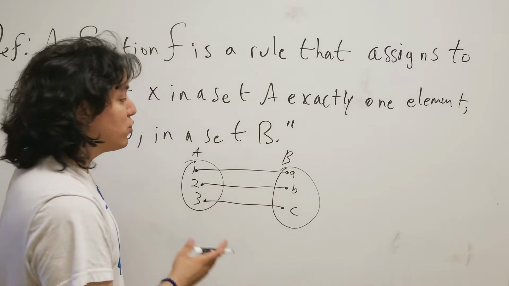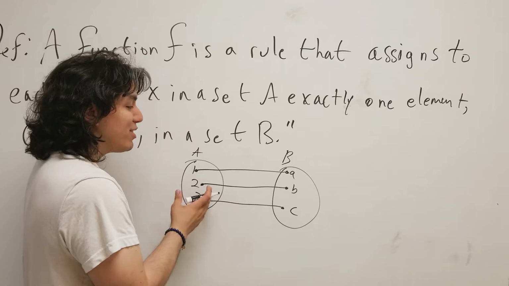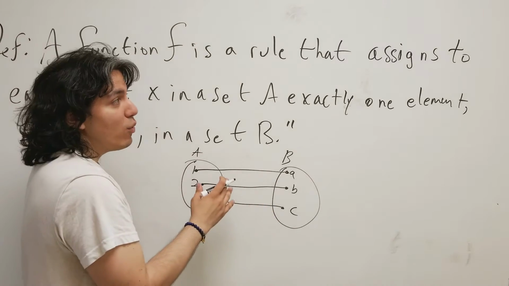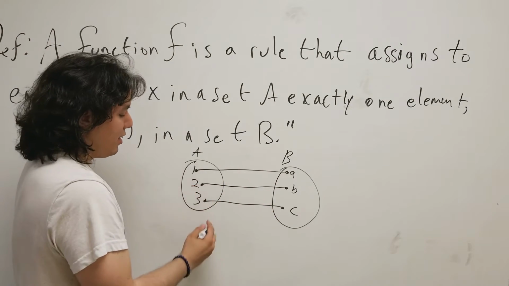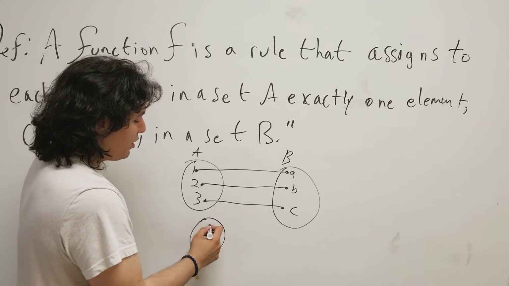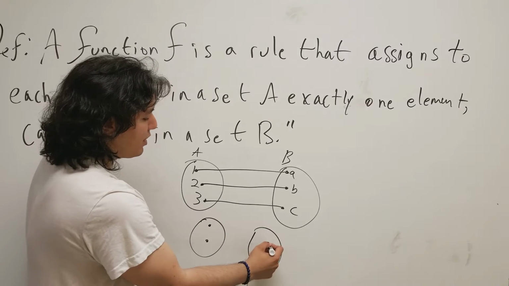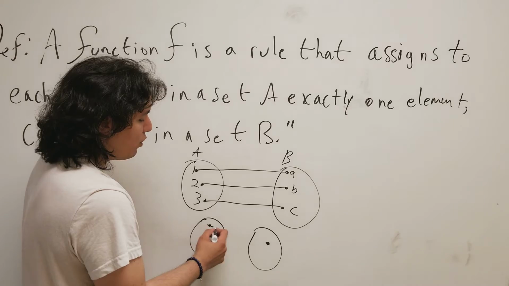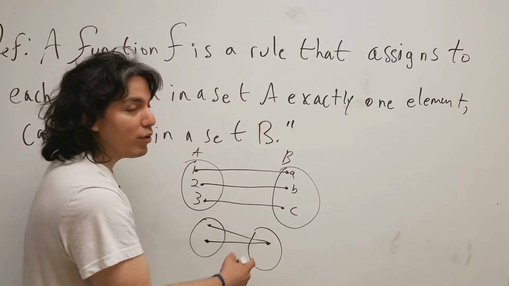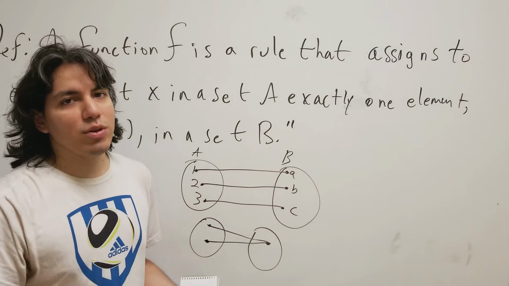There are functions where I have these 2 points here and only 1 point. There are functions where both the elements go to 1 point. It's still a function, it's just not one to one.